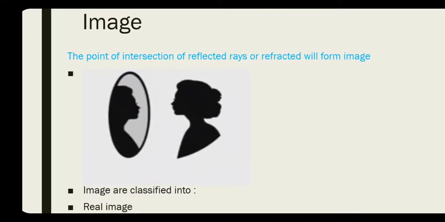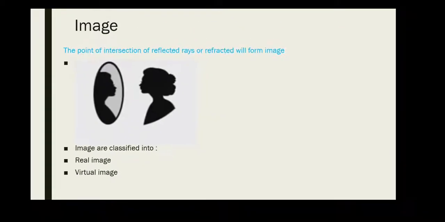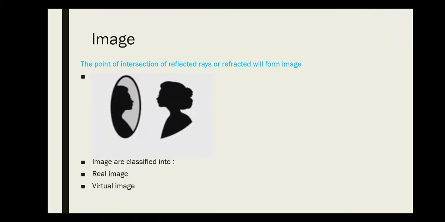Suppose you walk on a road and the sun falls on your head. You can see your shadow on the road. That is also an image. The point of intersection of reflected or refracted rays forms an image. We can see here your face in the mirror, which is called an image.